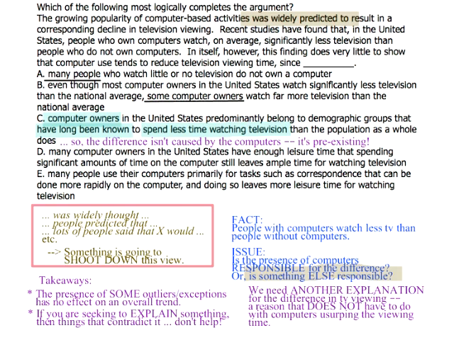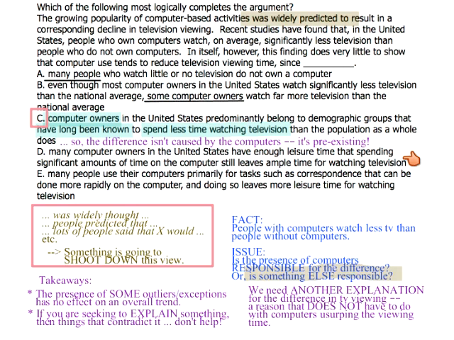D says many computer owners have enough leisure time that spending significant amounts of time still leaves ample time for watching television. So D says that they could watch just as much TV, but that's not what we are after. We're trying to explain why they don't. D still doesn't tell us that.